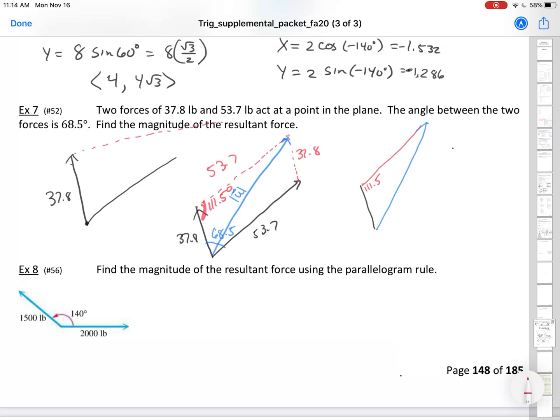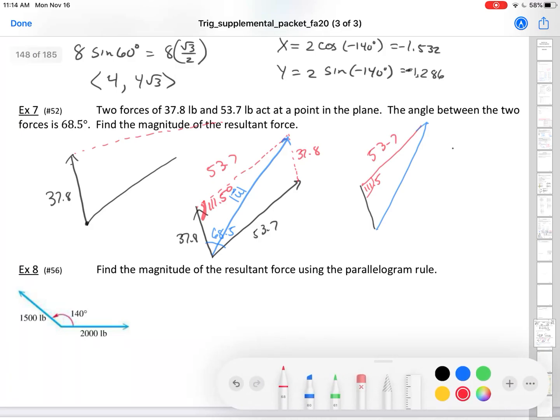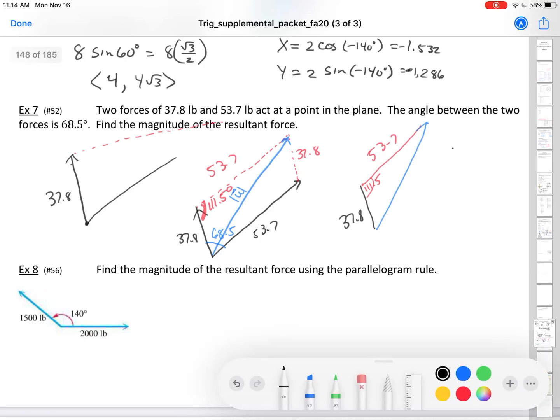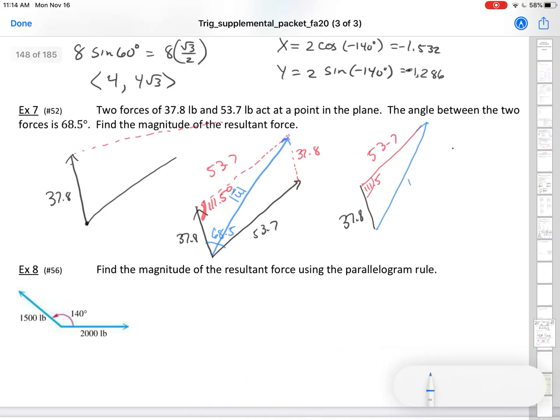The only way it would is if that was a 90-degree angle, but it's not, right? It's a 68.5. So we know that's 111.5 in there. We know this is 53.7. We know this side right here is 37.8, and we are looking for this blue side.